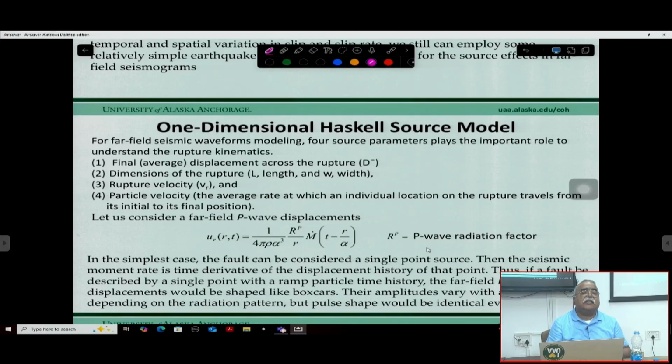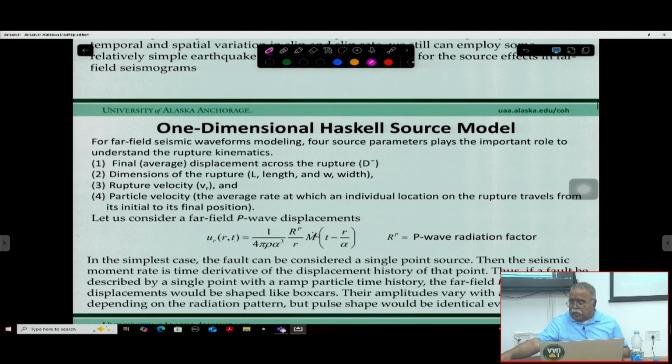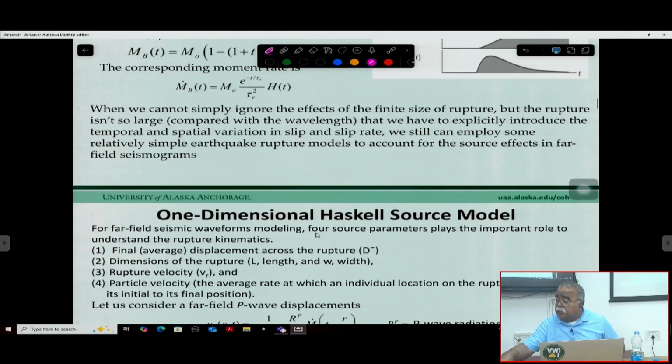So this is the simplest expression for the far field displacement, and M dot t you already know from your previous expression. Either you use the Brune model, or you take the boxcar values.